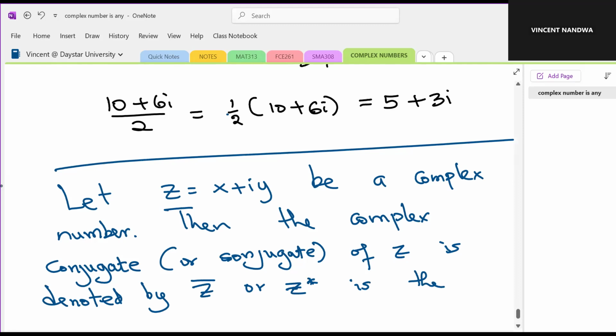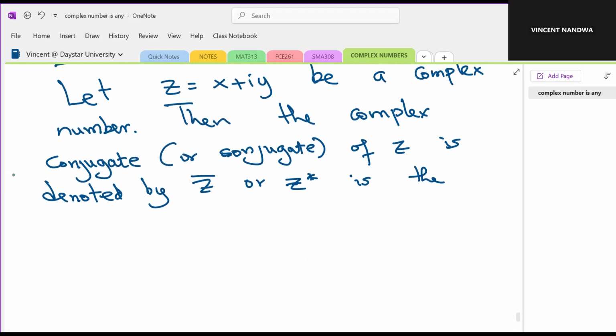It is the number Z bar equals x minus iy.